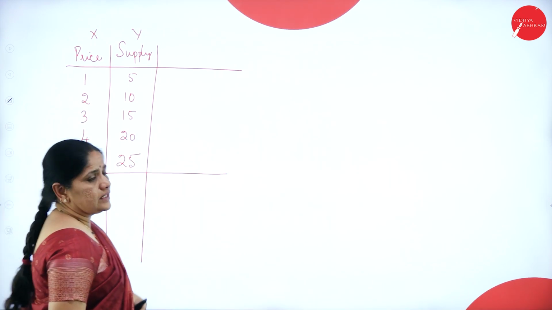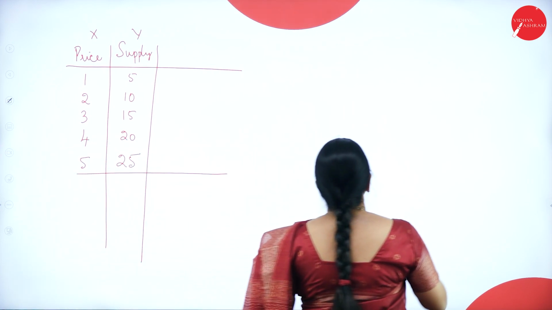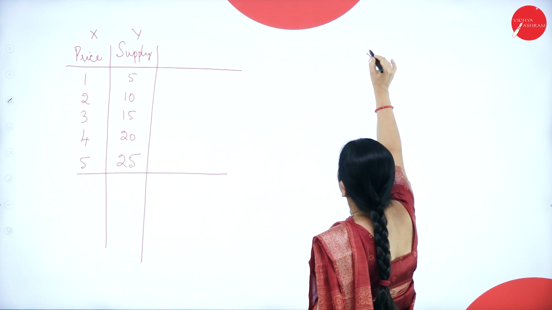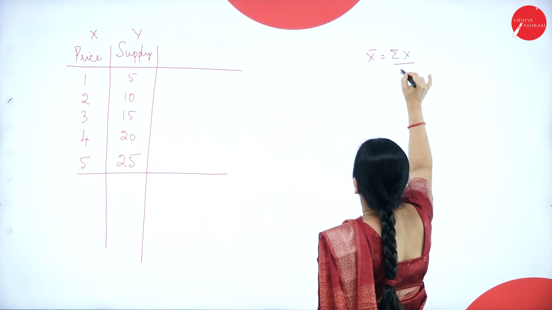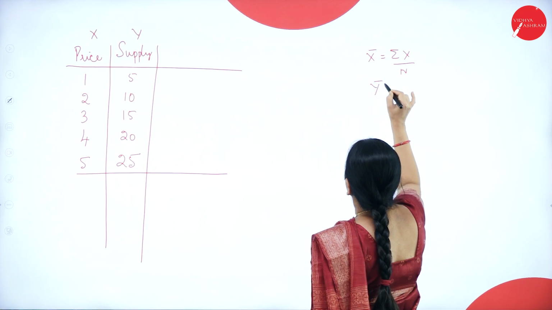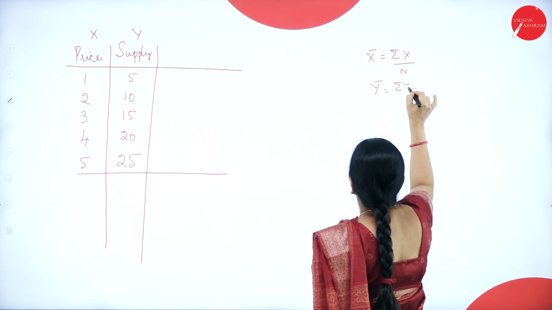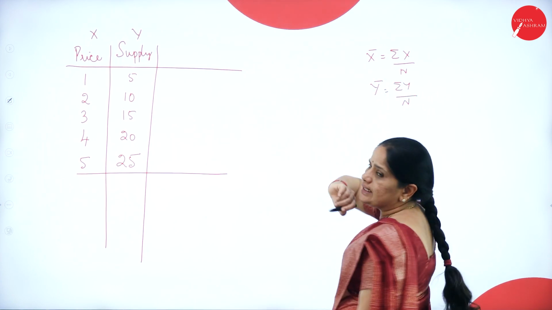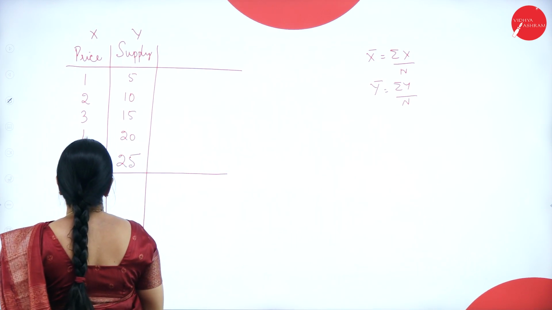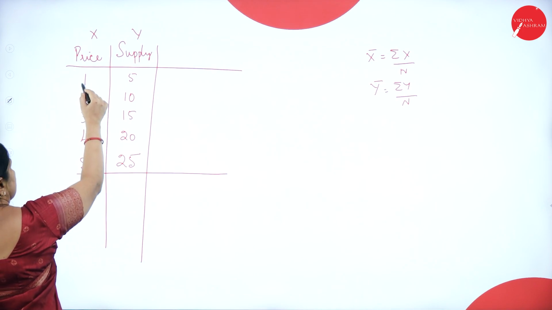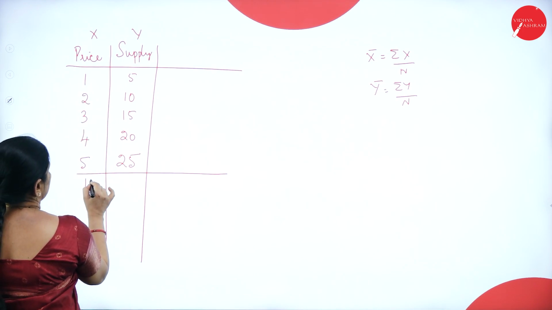Now we have to find the mean of x and mean of y. So, mean of x equals sigma x divided by n. Mean of y equals sigma y divided by n. Now, sigma x will be equal to 5, 6 plus 4, 10 plus 1, 15.